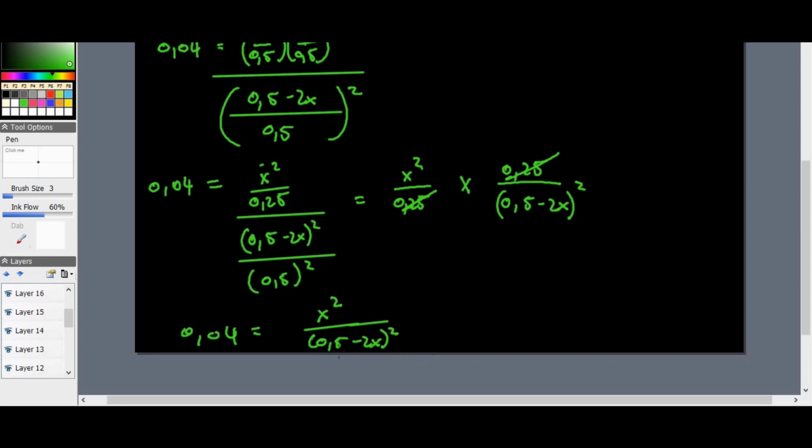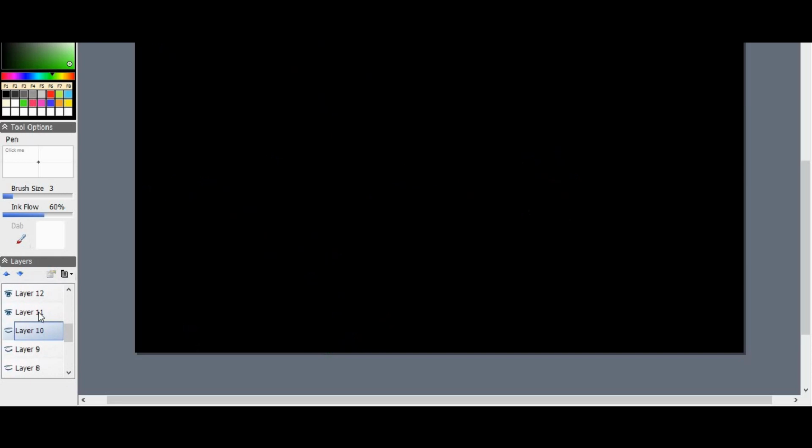So what we can do is just go to a new page. Sorry, that's wrong. Where's the layer? Is this the layer? Here we go.